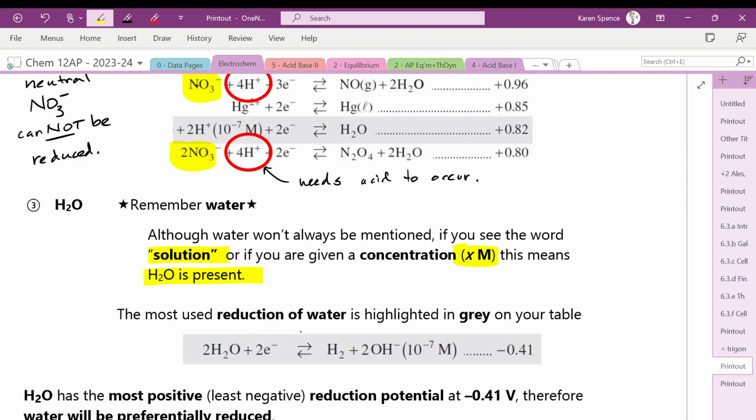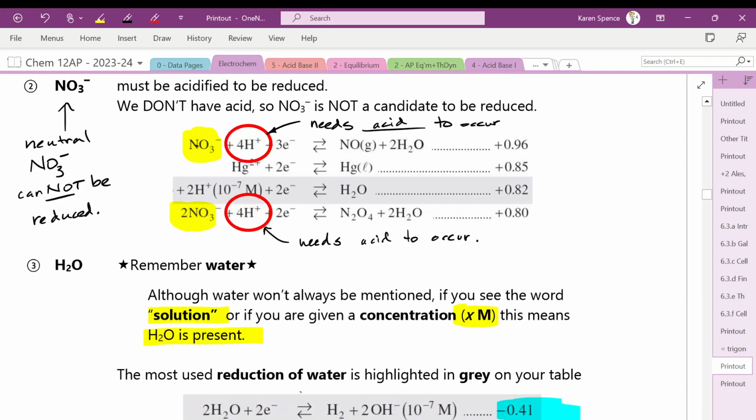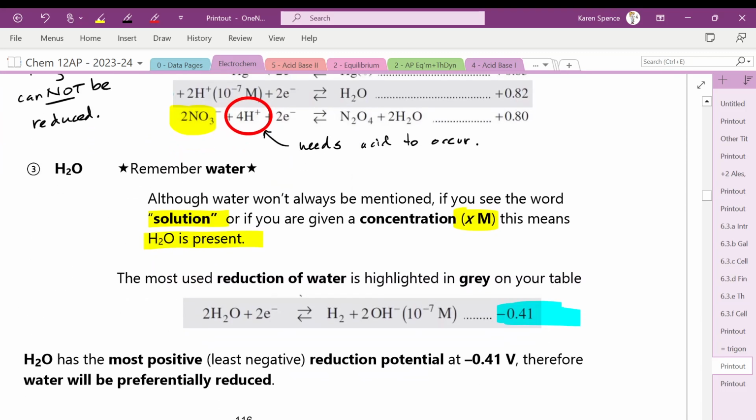Okay, so we are now going to compare negative 0.41 volts with lithium, negative 3.04 volts, and guess which one is better? Lithium. So lithium, or no, what? Don't mess with me. Water is better, okay?